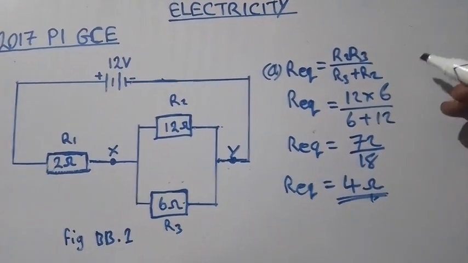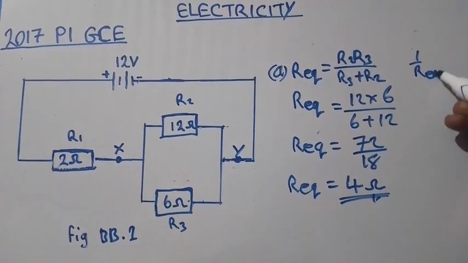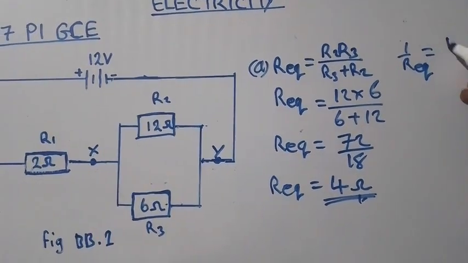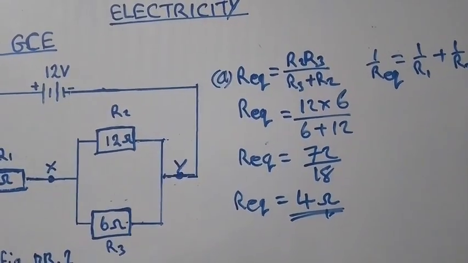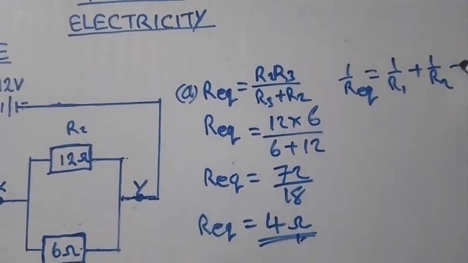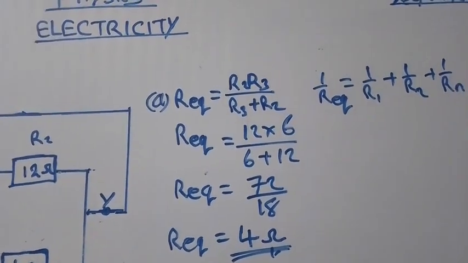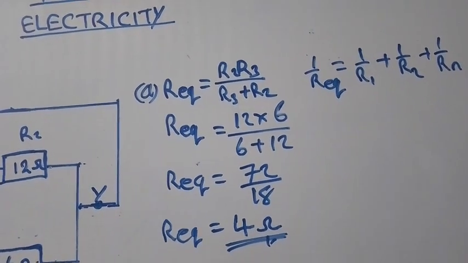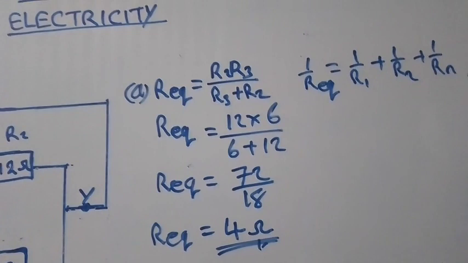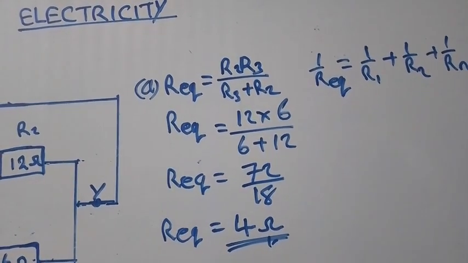Or better, you apply this one, which is 1 over equivalent resistor equal to 1 over R1 plus 1 over R2 plus 1 over Rn. So that's the formula you should apply just for the parallel circuit, where n represents the number of resistors connected in the circuit.